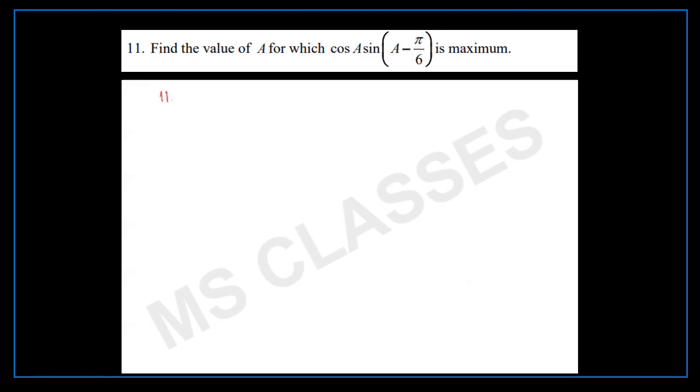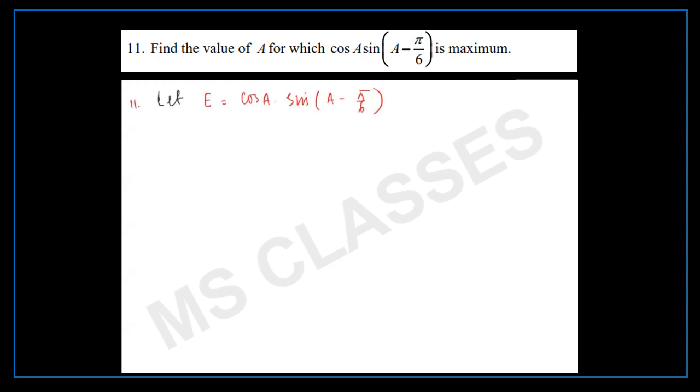It is given, find the value of A for which the expression, which I have taken as E, cos A into sin(A - pi/6), is maximum. Let us use this.